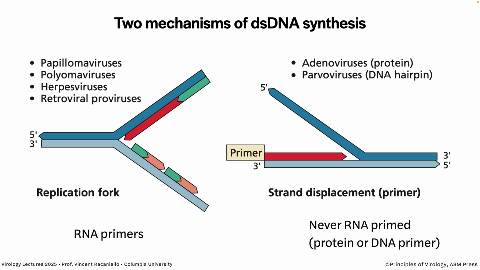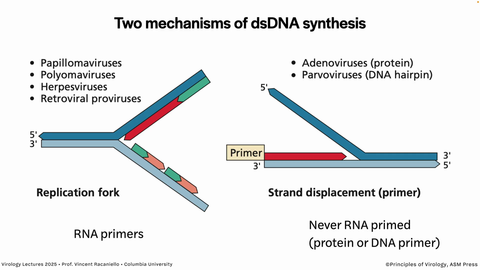On the right, the strand displacement is not really a fork because only one strand is being replicated. What happens here is that you have one strand being copied and it displaces the other strand, denatures it, removes it from the double strand. That's why it's called strand displacement.